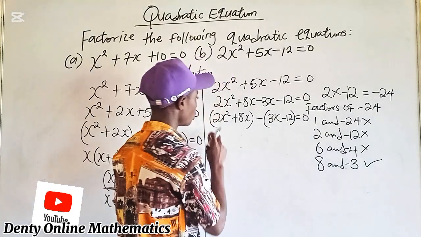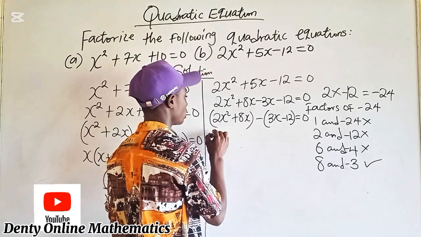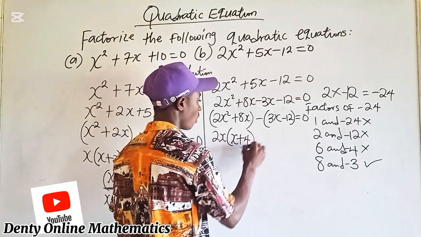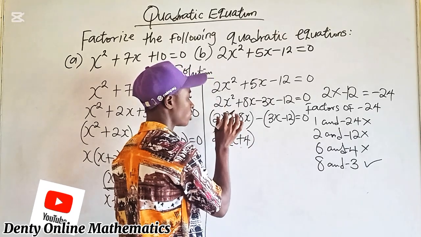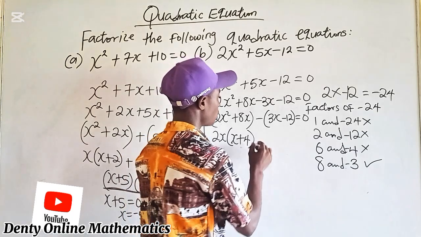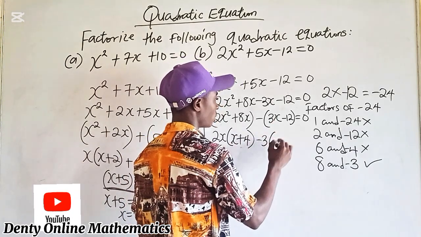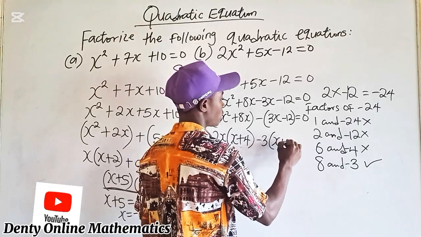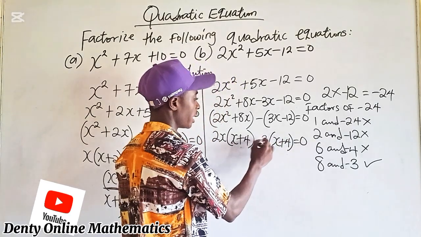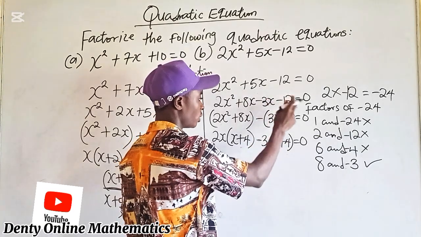At this point, 2x is common in the first bracket. I'll take 2x out and work with x plus 4, because 2x times x gives us 2x squared and 2x times 4 gives us 8x. In the second group, 3 is common. I'll take minus 3 out, x plus 4, because minus 3 times x gives us minus 3x and minus 3 times 4 gives us minus 12.